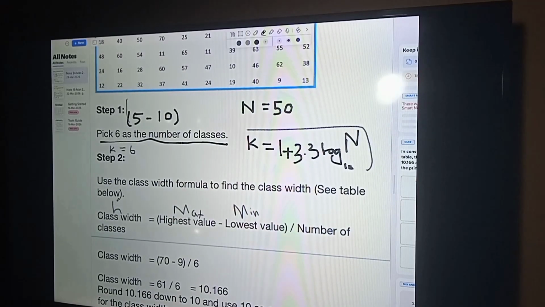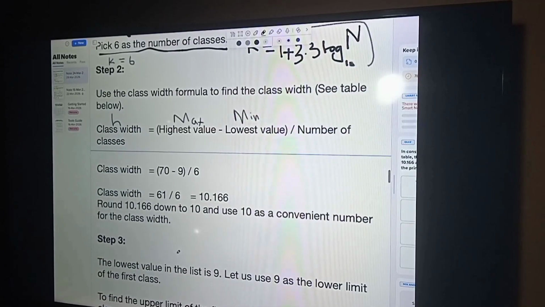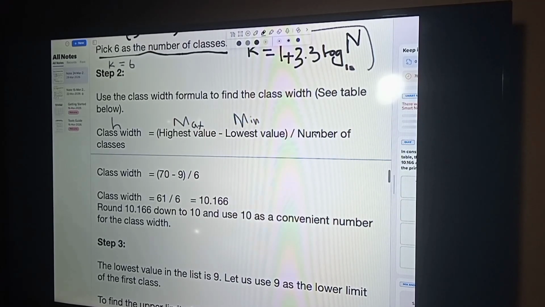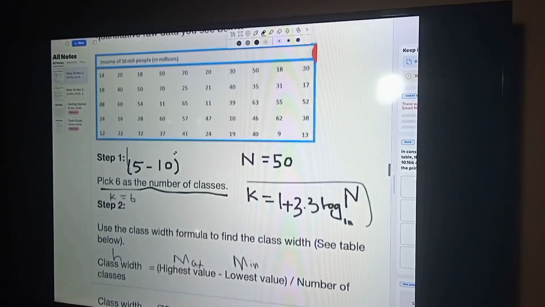So the class width h is the value after the subtraction of these two values divided by the number of classes. The maximum value in this data set is 70.